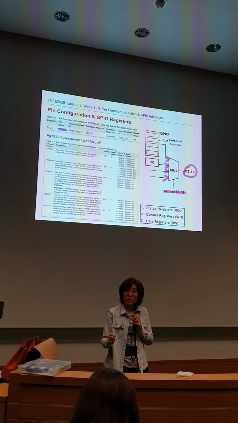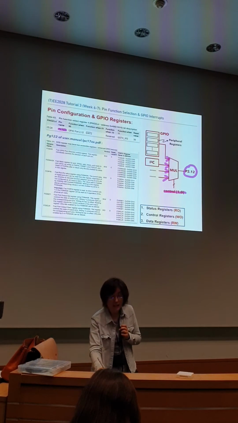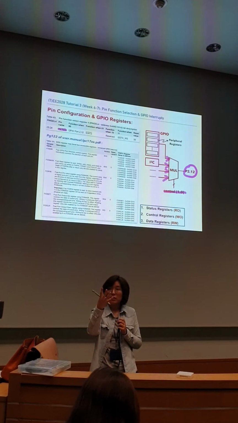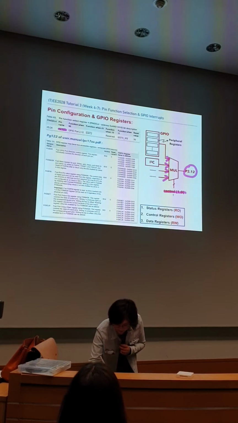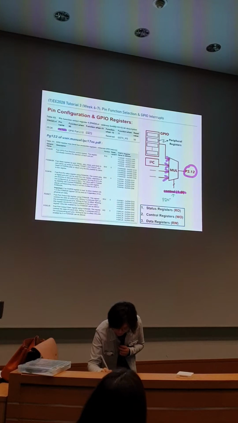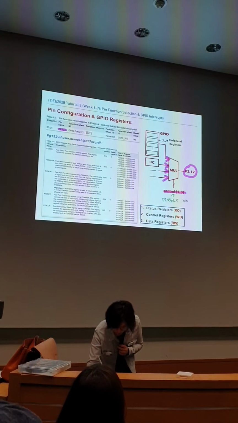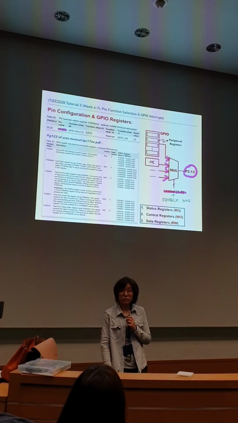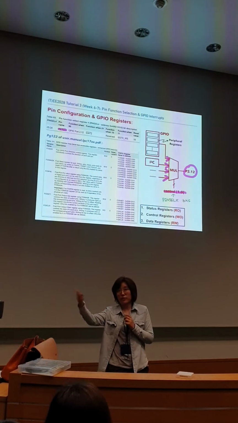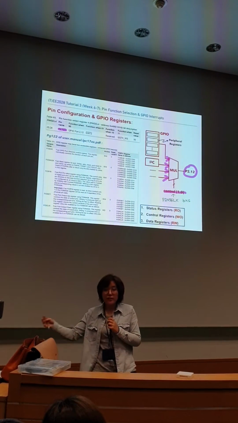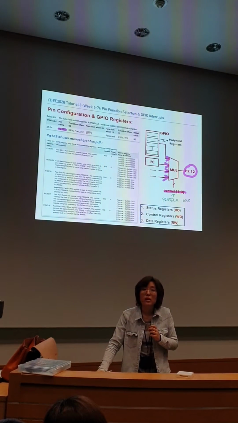So your control has 2 bits because you have totally 4 functions, right? So basically these are your PINSELX bits, right? 00 refers to GPIO, 01 refers to another function, 10 another function, 11 is another function.